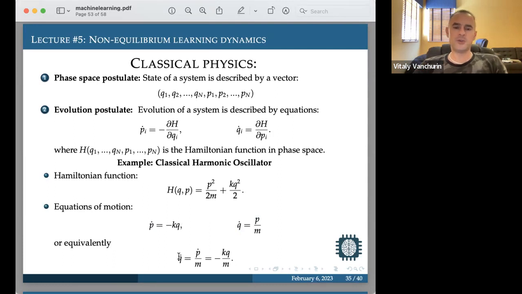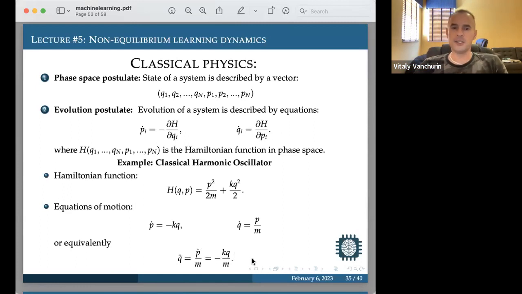So basically, you got rid of p here, you have only q, but now it's a second order. So to solve the initial value problem, you need two data for q and q dot. The solutions would be sinusoidal waves. And that's what harmonic oscillator is. It basically oscillates about some mean value. All right, so that's classical physics.